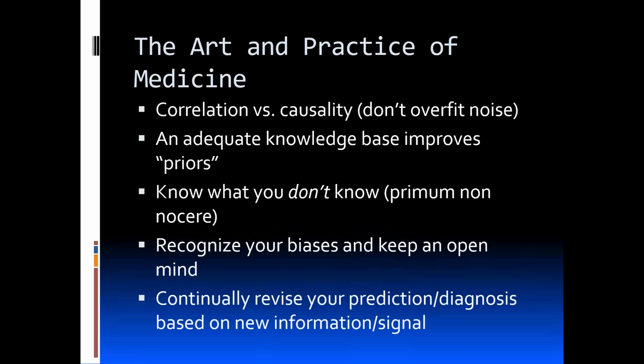And if we want to relate this to the signal and noise in Bayes' theorem, an adequate knowledge base improves our prior probabilities. If we don't have an adequate knowledge base, it's very difficult to determine what someone's diagnosis might be, and we tend to be very much more biased unless we have that adequate knowledge base so that we can develop adequate priors.